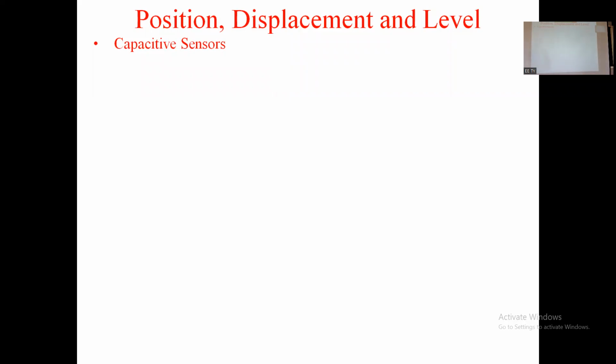In case of a position sensor, the reference point is fixed, and it will measure the distance of the object from that reference point. And a displacement sensor will measure the distance between the position of the initial state and the position of the final state.